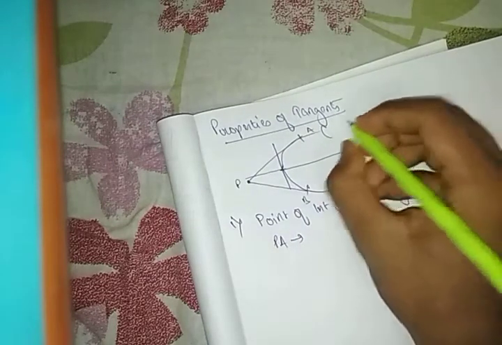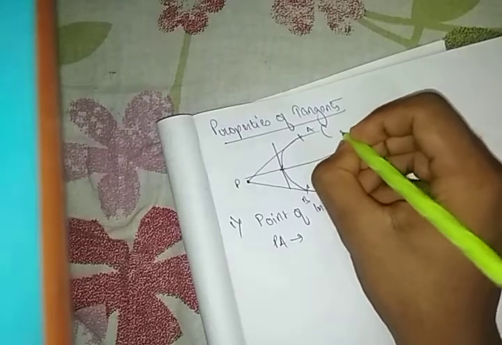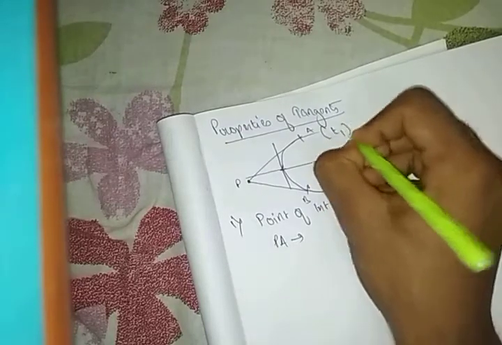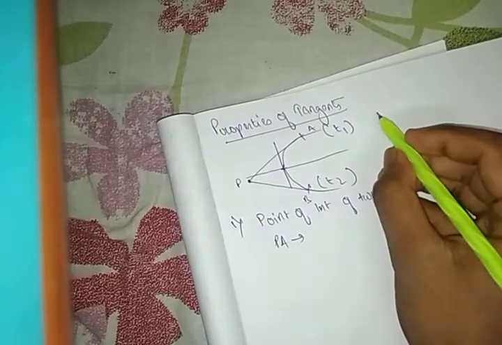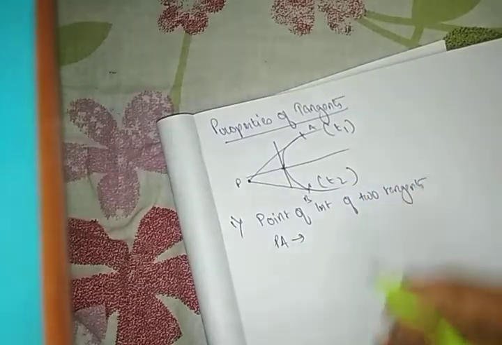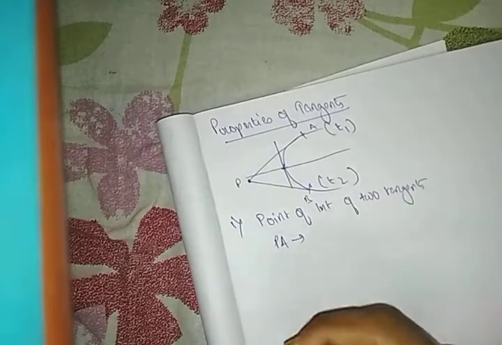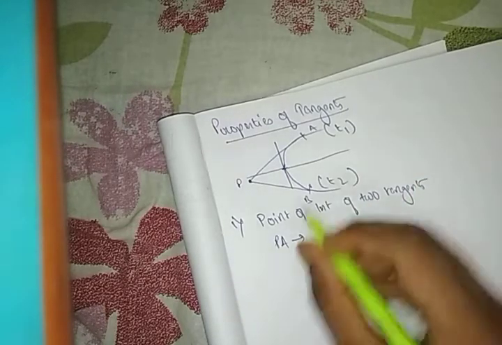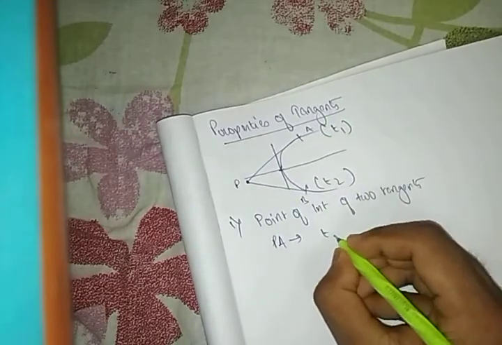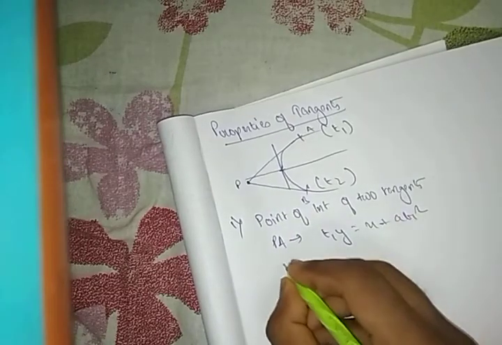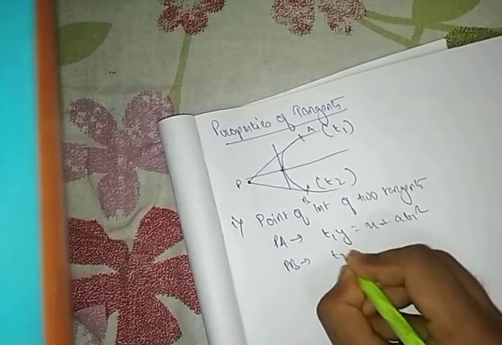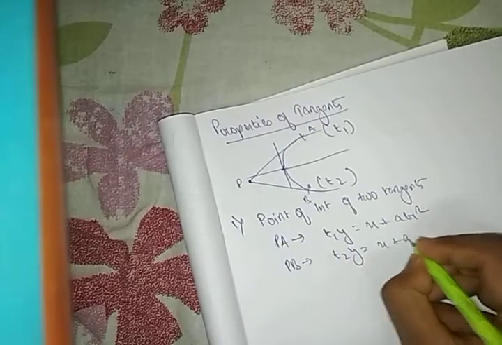If the coordinates are t1 and t2, I'm writing in parametric form, so it is (a t1 squared, 2a t1) and (a t2 squared, 2a t2). So the equation of PA becomes the tangent at this point, t1 y equals x plus a t1 squared, and PB becomes t2 y equals x plus a t2 squared.